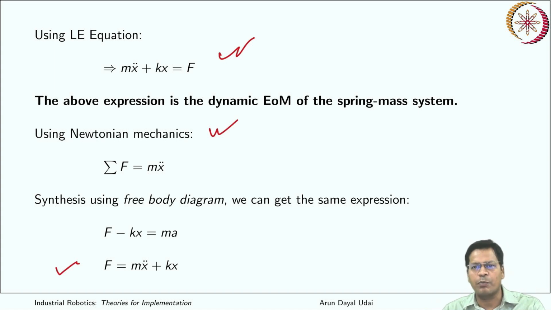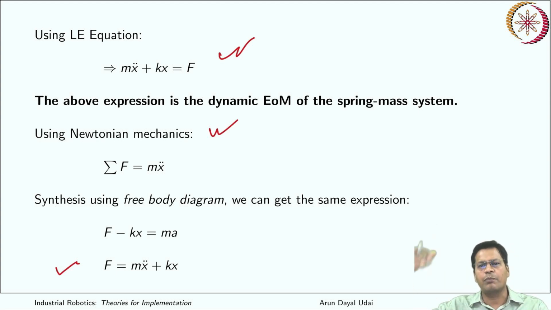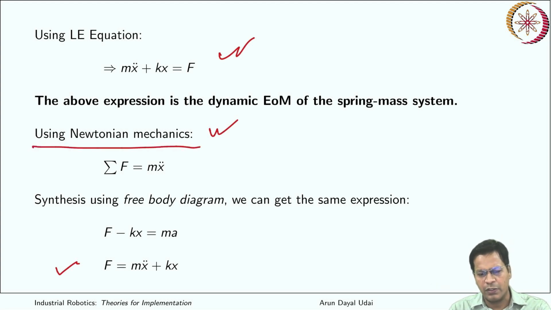But yes, in robotics, when the bodies are lying freely in space and multiple bodies are connected, it becomes very, very difficult to create this kind of equation using Newtonian mechanics. In that case, an energy based technique like the Lagrange-Euler formulation will help you. That is the reason we are doing it here.